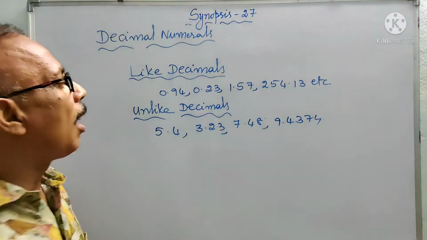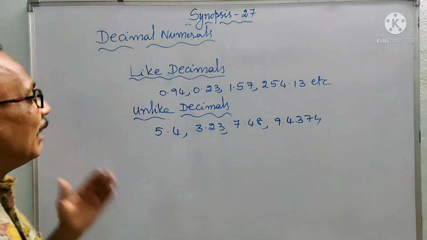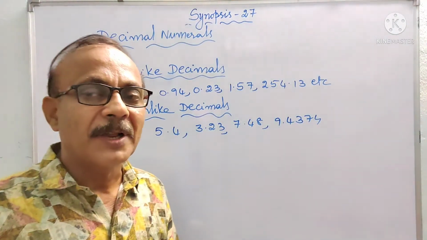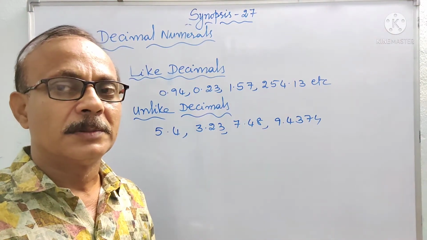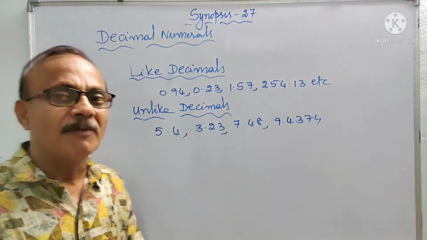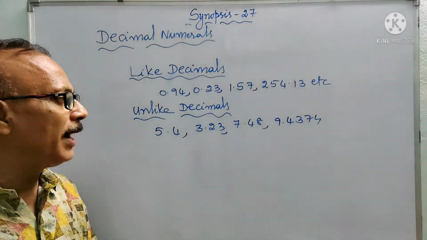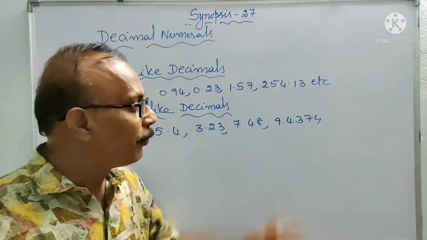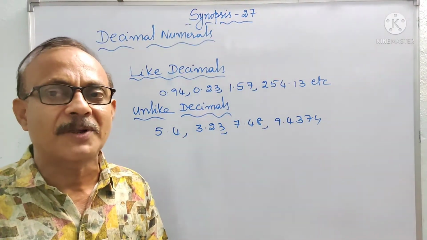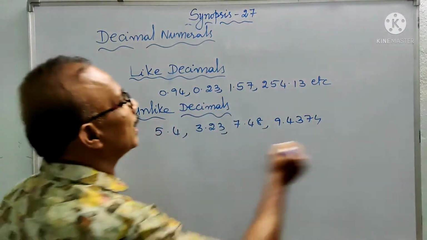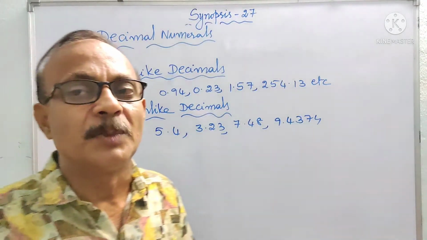Why? Because all these decimals have different numbers of digits after the decimal point. The first one has only one digit after the decimal point, the second one has 2 digits, the third one again 2, but the fourth one has 4 digits after the decimal point. So all these together are unlike decimals.